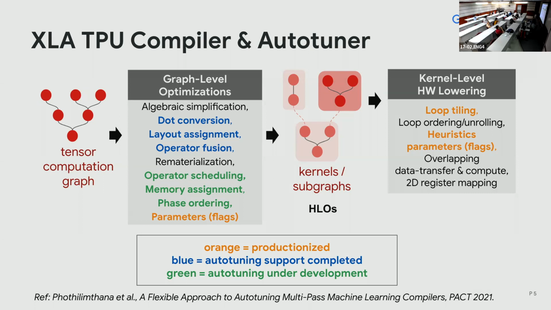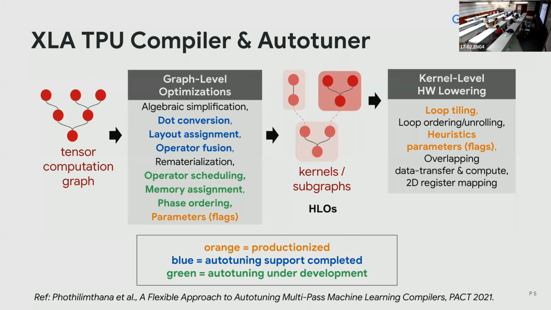The first one is graph-level optimizations. These are optimizations that you need to do when you have knowledge of the entire graph or program. The graph here represents machine learning workloads. Each node is a high-level operation like convolution, matrix multiplication, or ReLU, for example. The flow is the data, or the tensor, that flows from one operator to others. So the program can be represented as a computation graph.